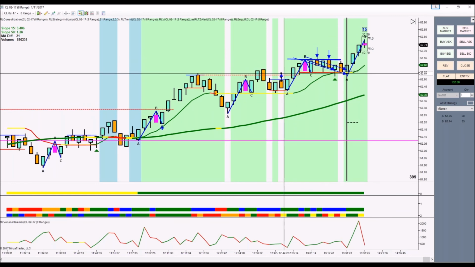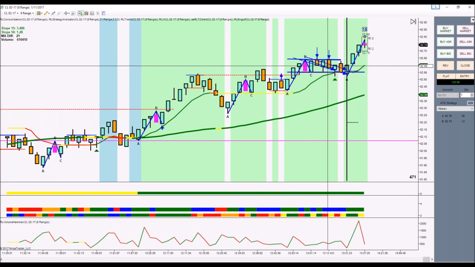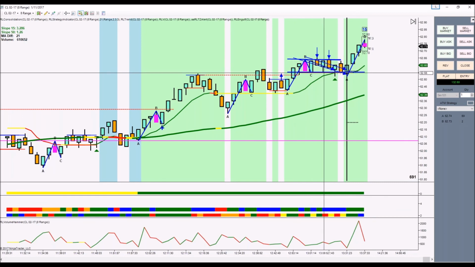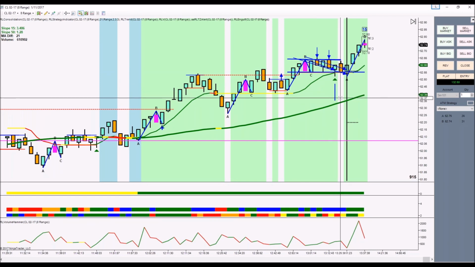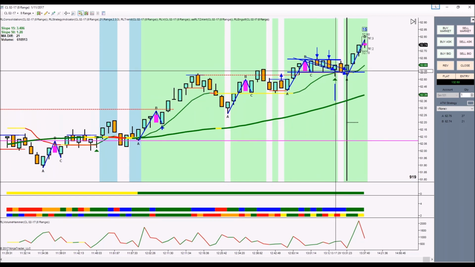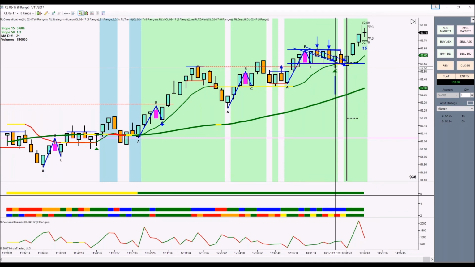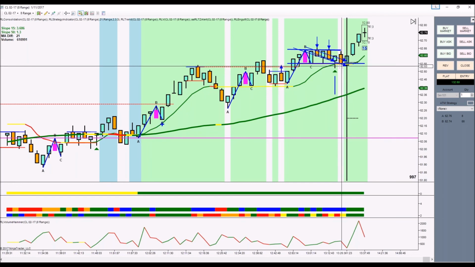So the indicator is just not smart enough to see that. This break of consolidation to the long side, just because it hits support, becomes a very risky entry, and we would not take it. The fact is, it never stopped out.